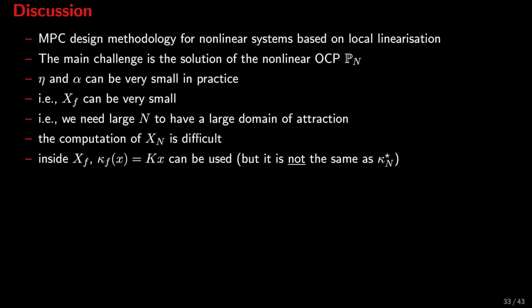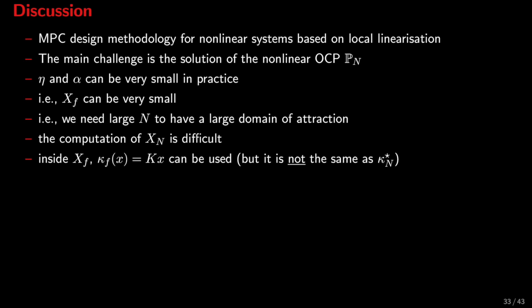One thing to have in mind, which is a significant difference between nonlinear MPC and linear MPC, is that inside the set XF, the controller kappa F, which is Kx, the controller kappa of x we stated before, can be used. It's a controller that leads to local asymptotic stability and satisfaction of the constraints if we start from inside XF.